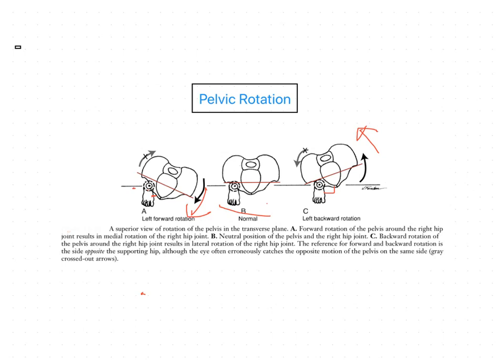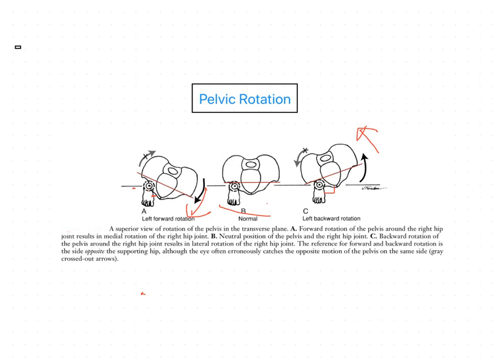This also can be best appreciated by doing the same motion, but you have to rotate your pelvis backwards. Then you can feel the medial rotation and lateral rotation at the supporting hip joint.